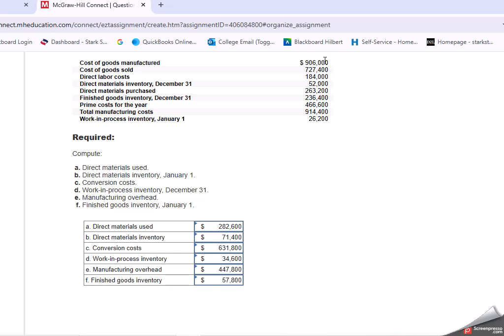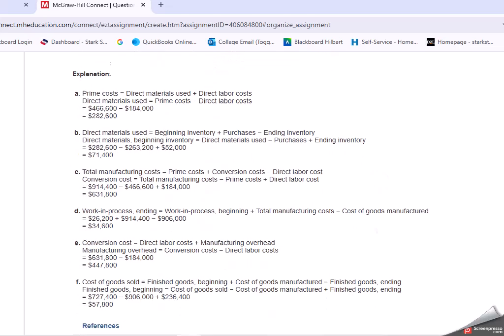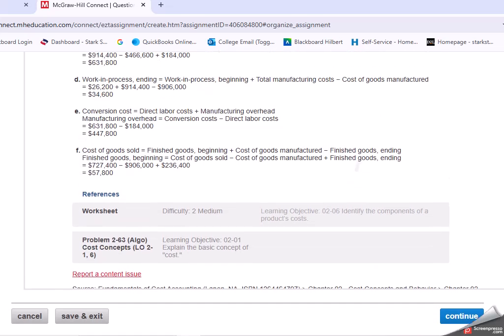And then our finished goods inventory, again the beginning balance. We know that we added the 906,000 to it, and then we ended up with cost of goods sold of 727,400 that would have come out of it, and we also ended up with 236,400 left in our ending inventory.